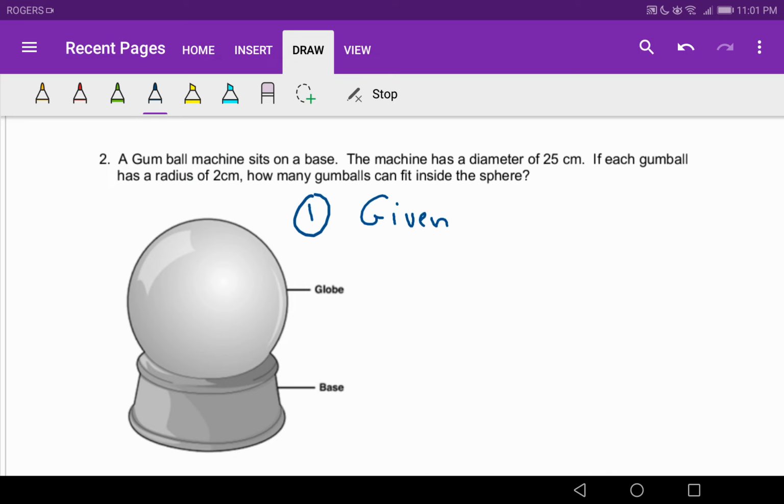Step 1. My radius of the gumball is 2 centimeters. So I'll just write radius and then subscript G for gumball. And my radius for the machine, so R subscript M, is 25 centimeters.